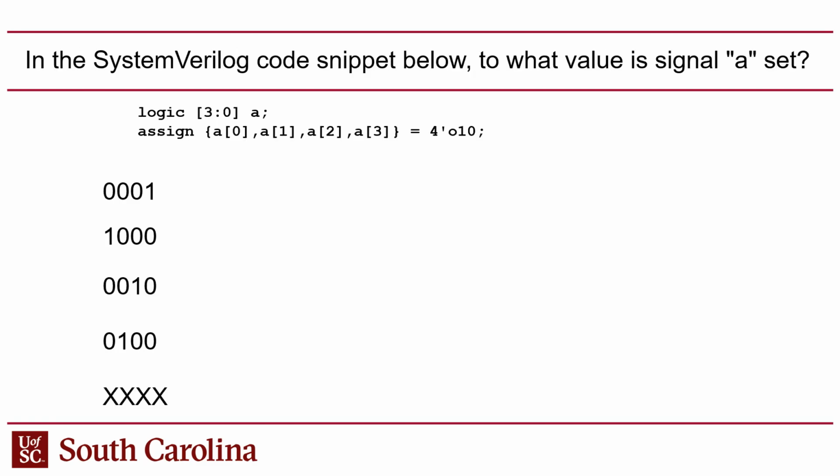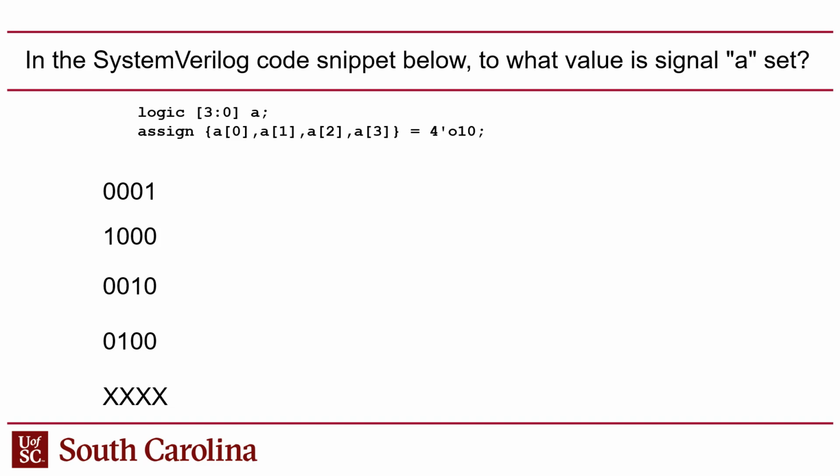Okay, in the SystemVerilog snippet below, to what value is signal A set? So A is declared as a 4-bit logic value, and we assign it in reverse using these curly braces to the 4-bit octal value 10.